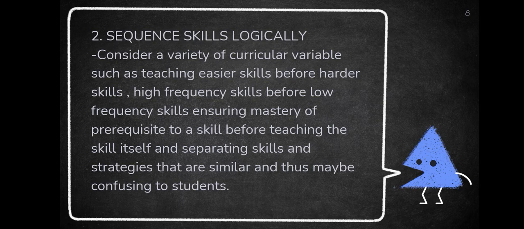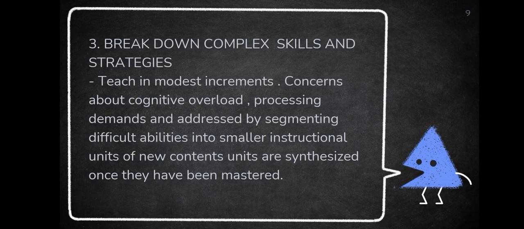Concerns about cognitive overload and processing demands are addressed by segmenting difficult abilities into smaller instructional units of new content. Units are synthesized once they have been mastered. For example, if you're teaching a new science unit on light and sound, you wouldn't teach all of the content and skills in one day, of course.